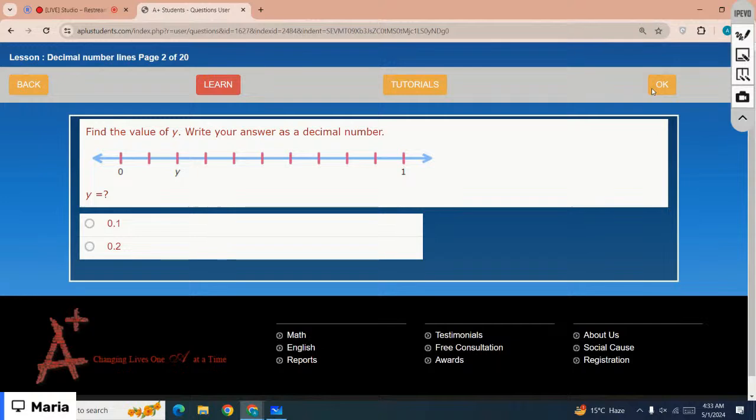So which is the correct option? Y is 0.2. The correct option is 0.2.